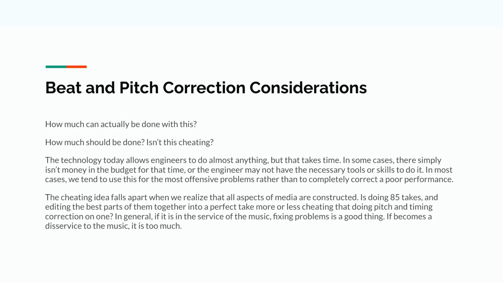And of course, because they were layering so many tracks and they had to do so many takes, we know historically that there was actually concern. They had worn down the tape pretty significantly by the time they were done doing all of those overdubs. So is that cheating, or is that more or less cheating than doing 2 or 3 takes, taking the best elements of them and then doing some pitch correction?